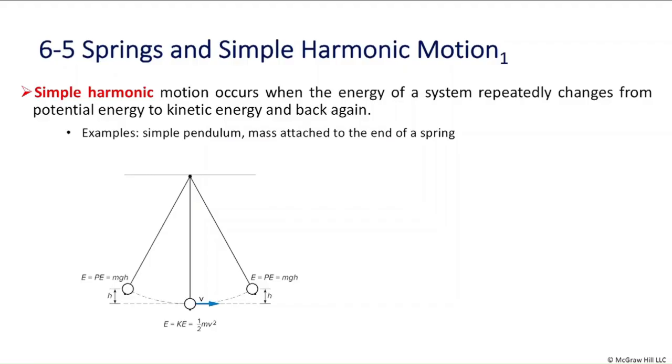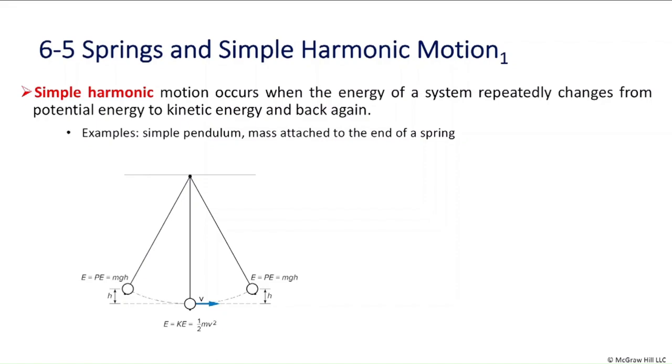The main characteristic of simple harmonic motion is that the energy of the system keeps changing from potential energy to kinetic energy and back again in a repeating cycle. Some examples of simple harmonic motion are a simple pendulum and a spring mass system.